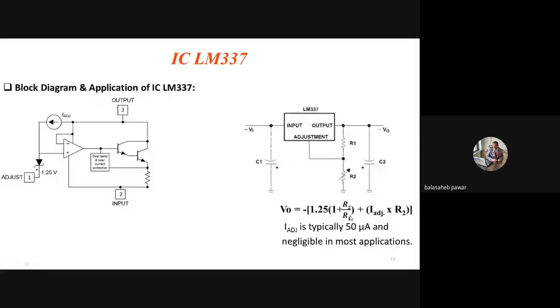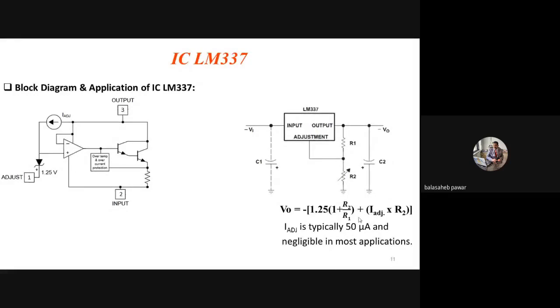That means the output voltage is equal to negative of 1.25 times the bracket 1 plus R2 by R1, plus I adjustable into R2. Here also the adjustable current is mentioned. It is almost 50 to 100 microamperes, which is very, very small, and hence for approximate calculation of output voltage, you can neglect this second term.